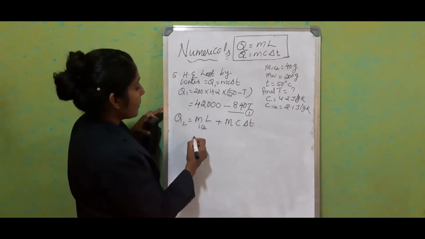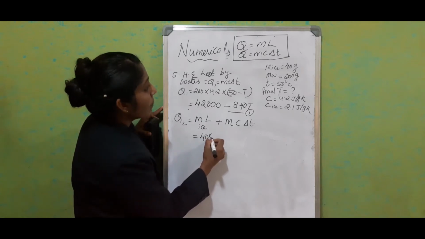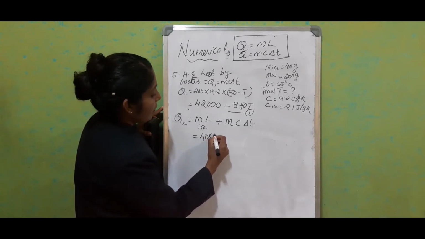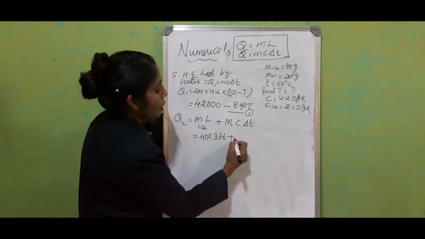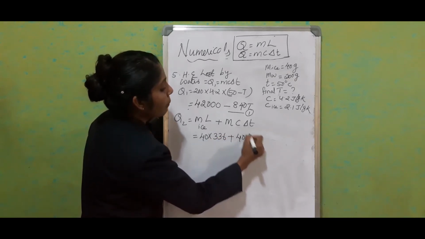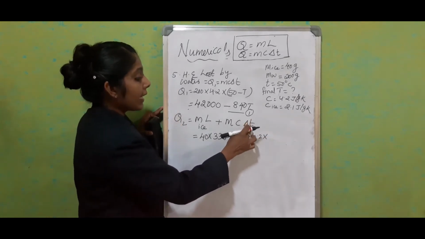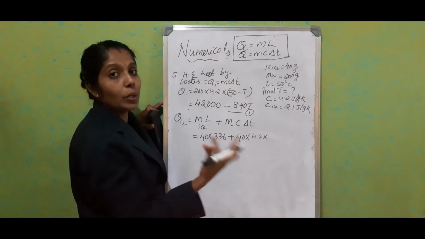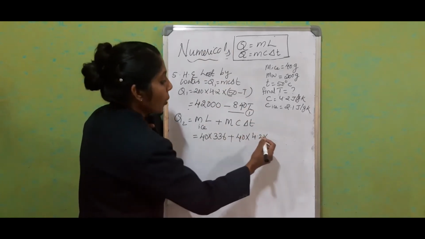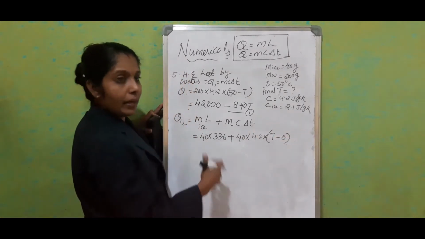Now we'll substitute the values: mass 40 into 336, plus mass of water again 40 into 4.2 and change in temperature. It increases from 0 degrees Celsius to the final temperature, which we don't know, so we write it as T minus 0. The 0 can be avoided.